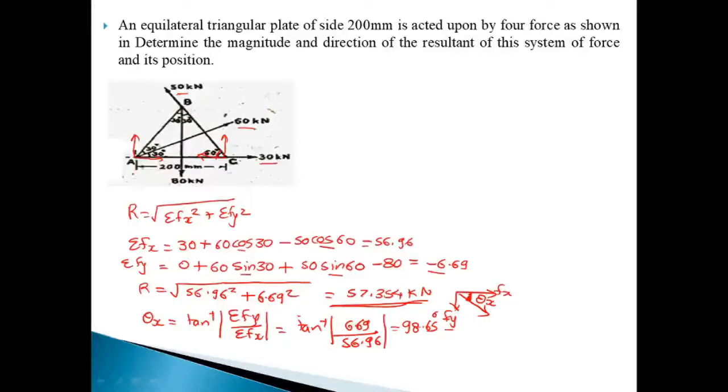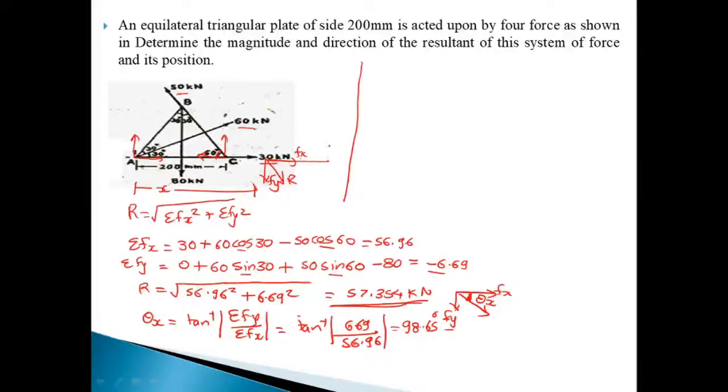So we can consider the resultant is acting at an x distance from point A along this line. I will apply a resultant here. For that, this is summation Fx, this is summation Fy, and this is the resultant. Right? So for the position we can use the Varignon theorem.